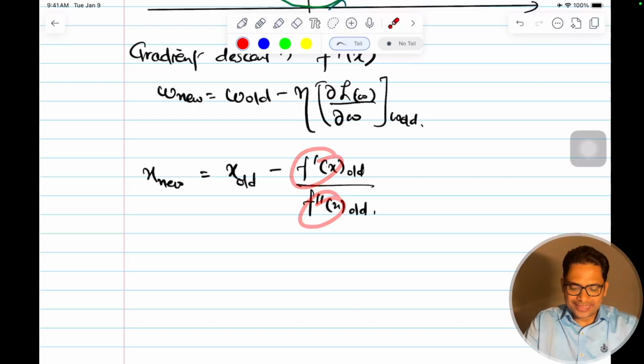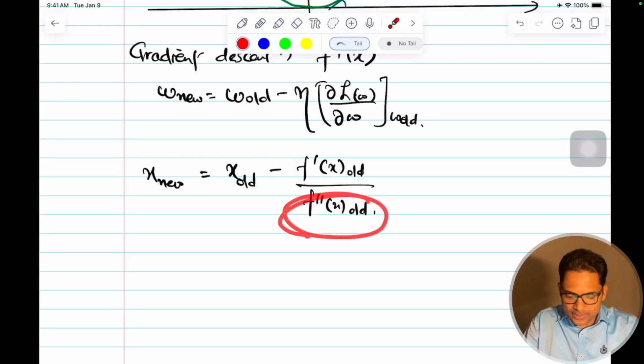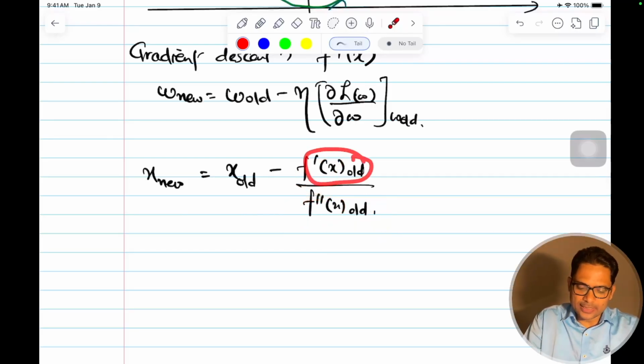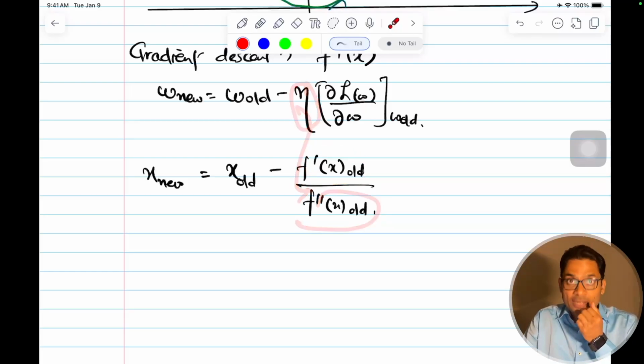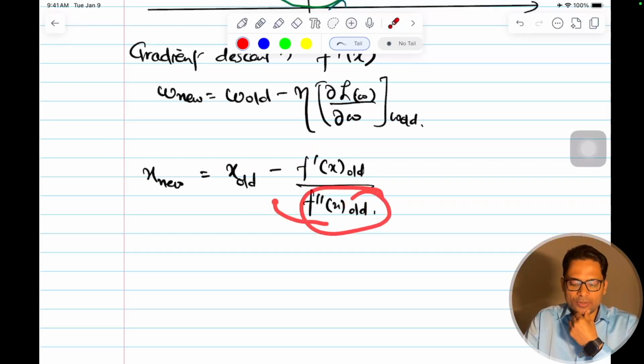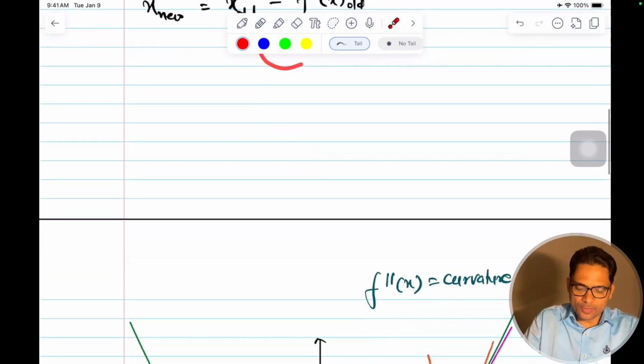So it will compute this, and this f dash x remains as it is, and this eta has been replaced by the inverse of the second derivative, and this is your learning rate now.